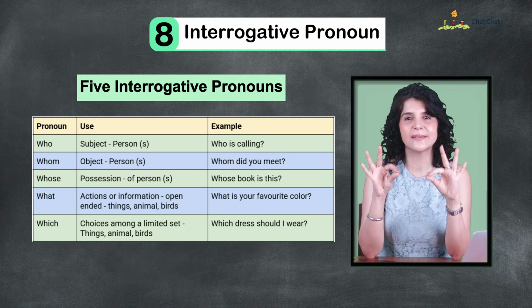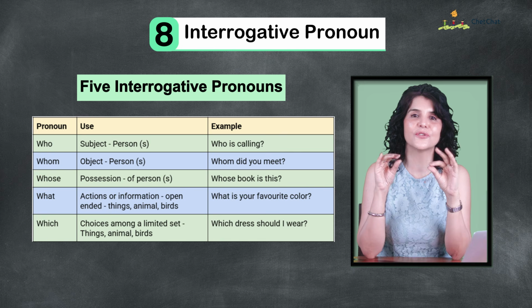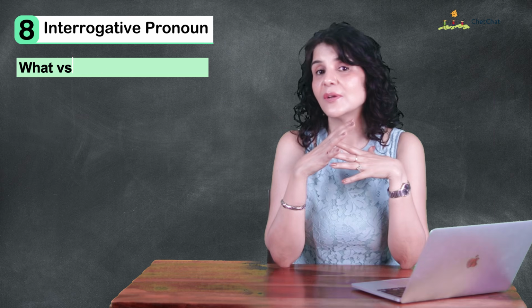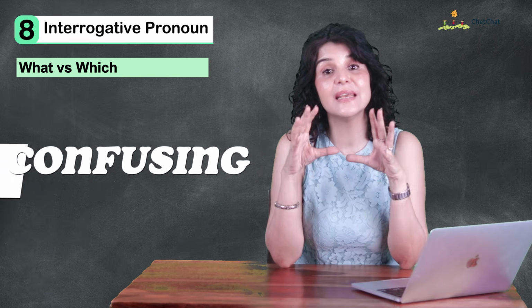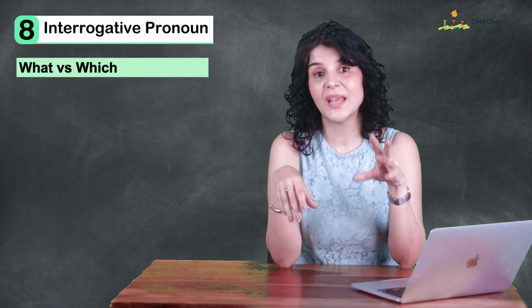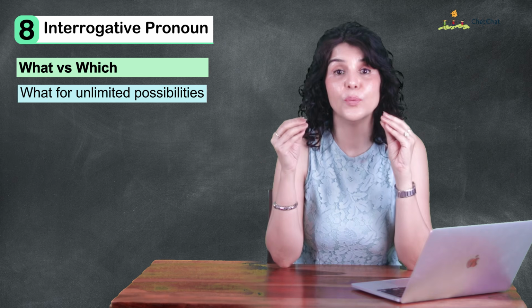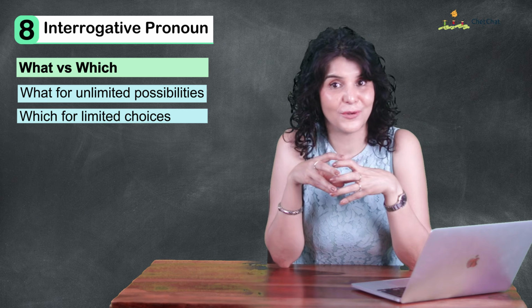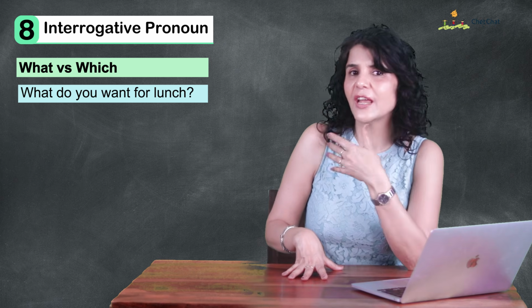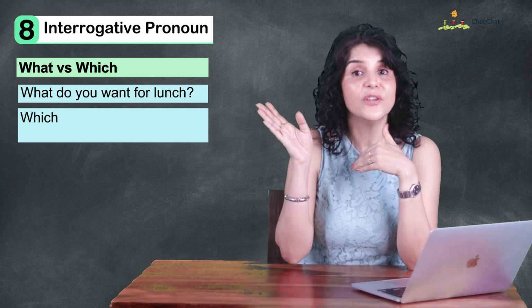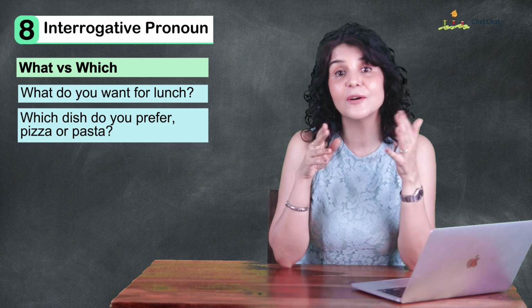And let's look at a little bit in detail about what versus which, because this once again can be confusing even for most native speakers. Use what for unlimited possibilities and which for limited choices. What do you want for lunch? Any food item. Which dish do you prefer? Pizza or pasta?